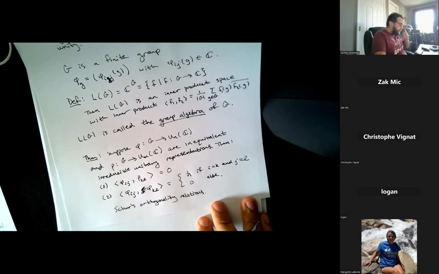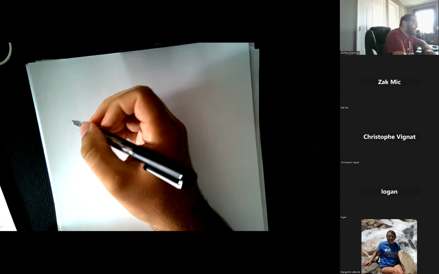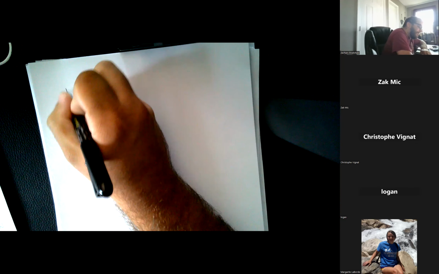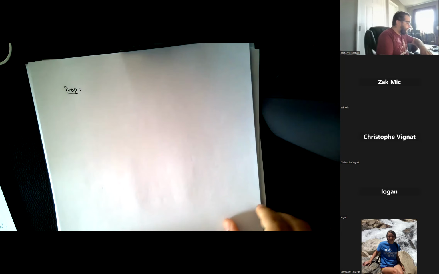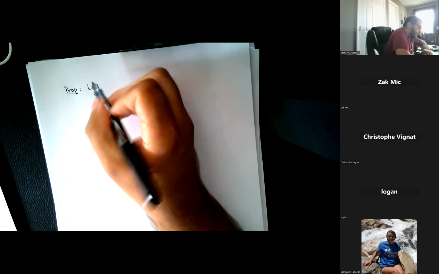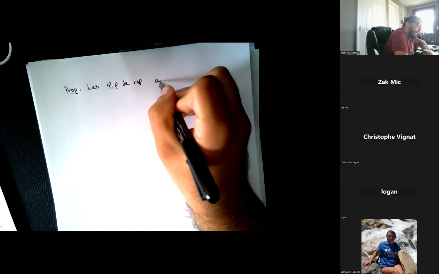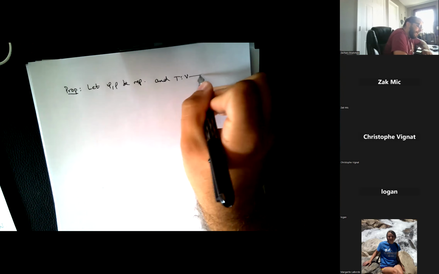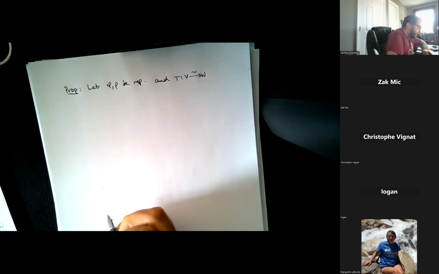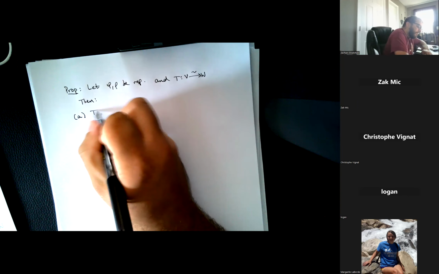Okay, so we're working towards this, and we're going to need several intermediate results, one of which is the following proposition, which is going to go ahead and make use of that Weyl unitary trick again. So let phi and rho be representations as usual, and let T be a linear map from V to W. Then the following hold.